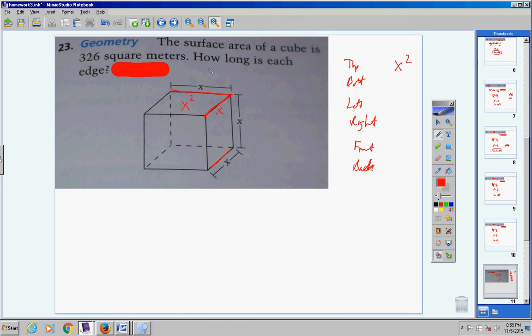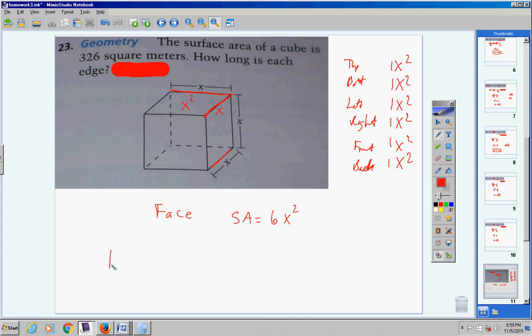Well, in order to find the surface area, you find the surface area of each face, then add all the faces together. So you've got x squared plus x squared plus x squared plus x squared plus x squared plus x squared. That's the surface area. The surface area equals 6x squared. There's a 1 here, a 1 here, a 1 here, a 1 here, 1 here, and 1 here.